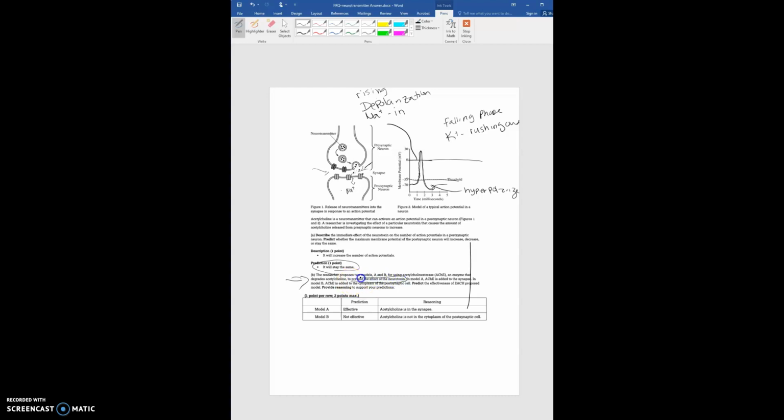And so the neurotoxin, what it does is it creates too much of this acetylcholine. And so we want to reduce the amount of acetylcholine so that we aren't overfiring this synapse.